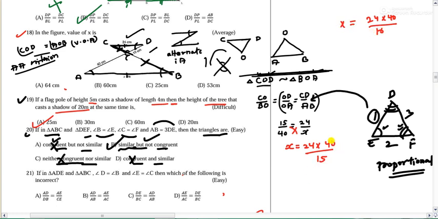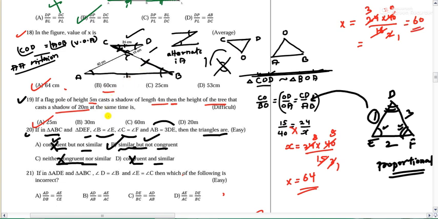Here 5 3s are 15, this is 5 8s, this is 3 1s, this is 3 8s. So 8 8s are 64. Okay. So if it is 15, then you are getting 64 as the answer. Let's check with 16. 8 2s are 16, 2 1s are 2, 20s are... this is 60.